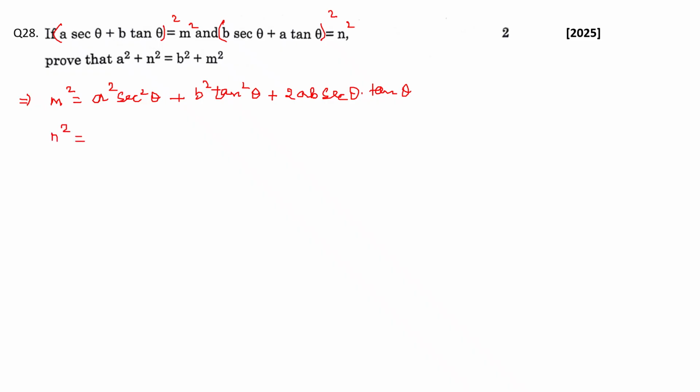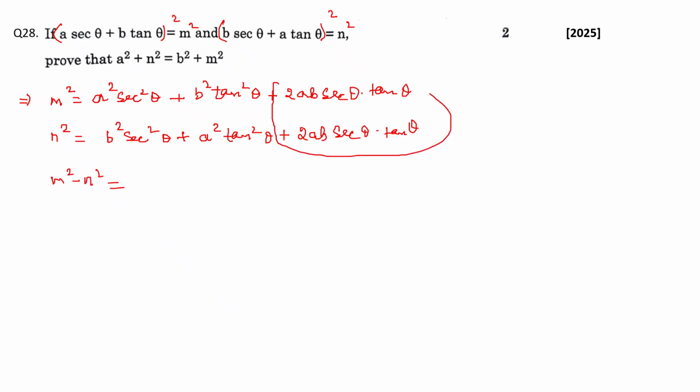Same way, N square equals B square sec square theta plus A square tan square theta plus 2ab sec theta into tan theta. Now do M square minus N square. If we subtract, this 2ab term will get cancelled out.